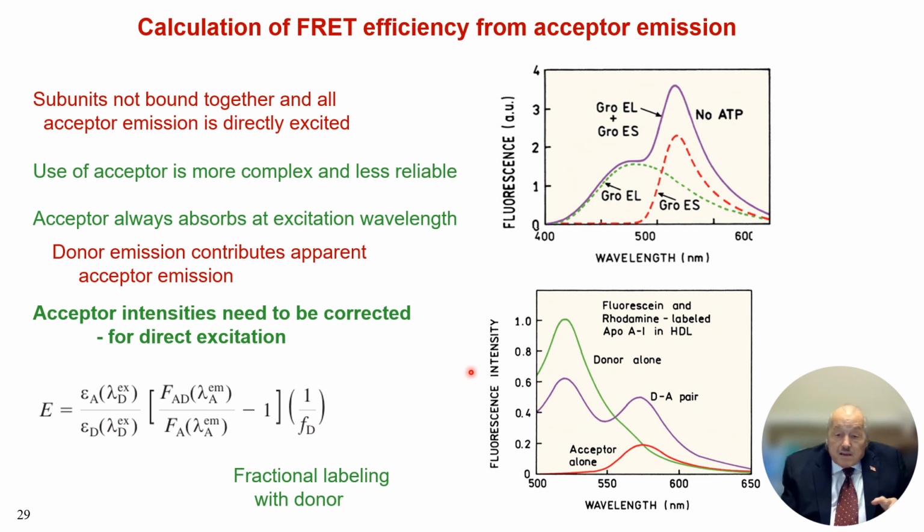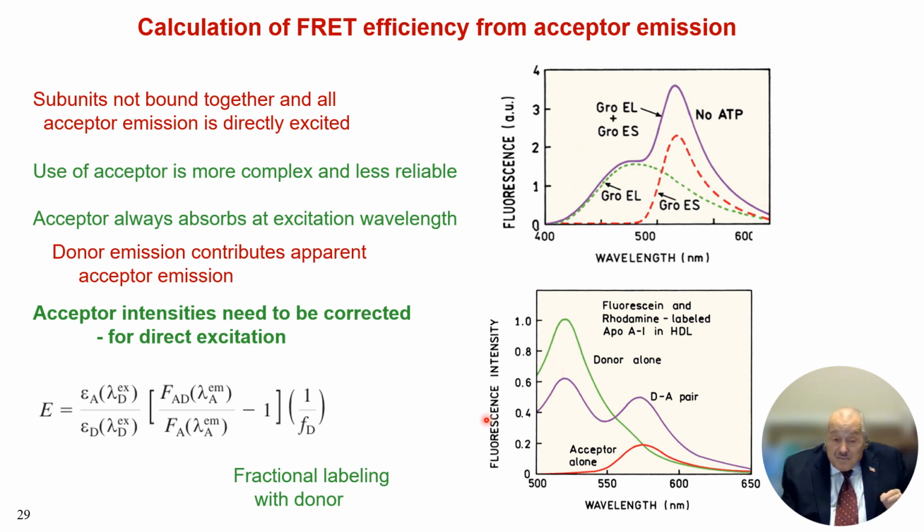I've stressed all the way up to here the value of using the donor emission. And that's because it's just more reliable. You can calculate the amount of energy transfer from the change in the acceptor intensity. The problem with that is you have to correct for the amount of acceptor intensity that you would have got even if the donor wasn't there.